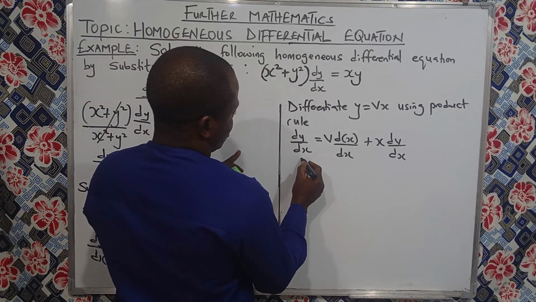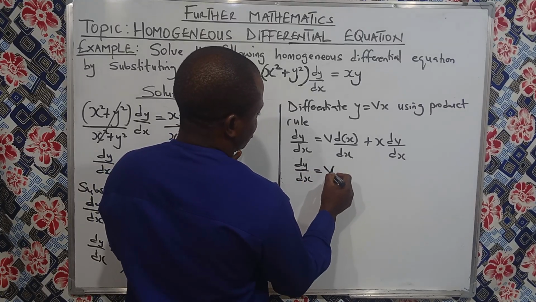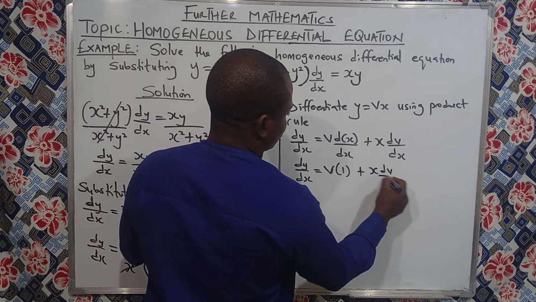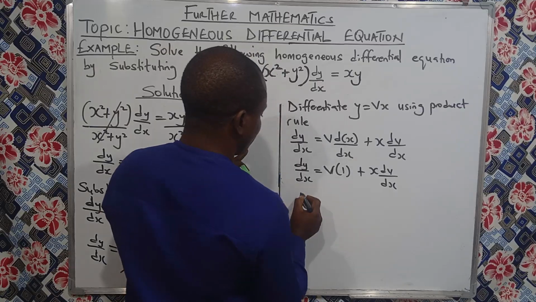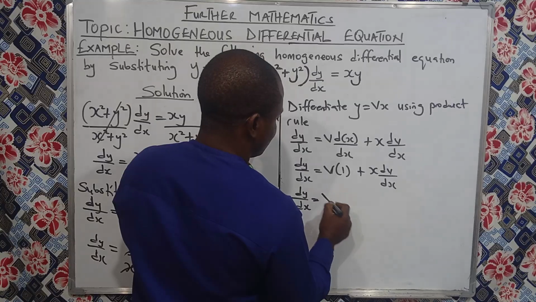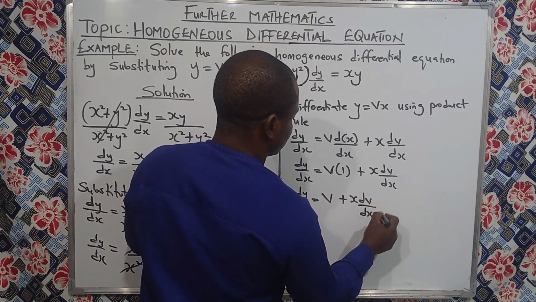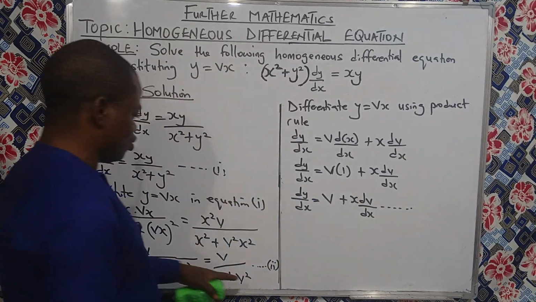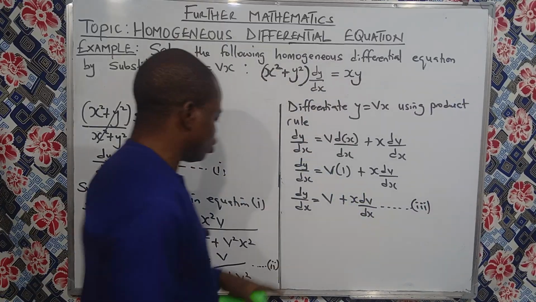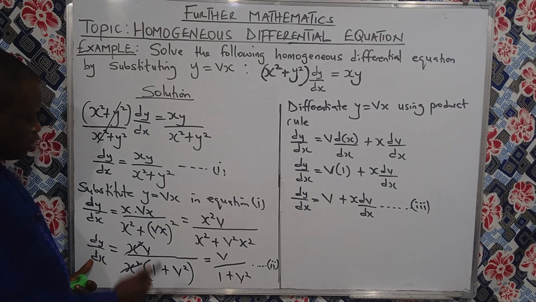Now you have dy over dx equals v multiplied by 1 plus x dv over dx. Dy over dx equals v times 1, that's v, plus x dv over dx. This is our equation 3; we have equation 2 here already. What you need to do now, you can see the expression for dy dx.